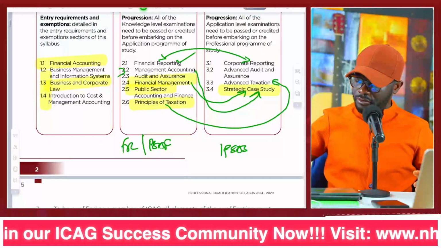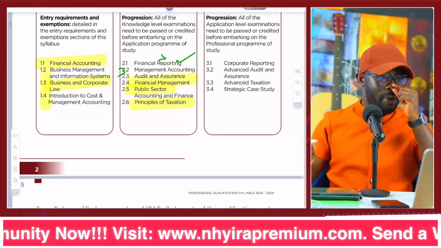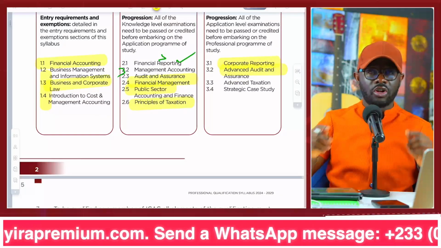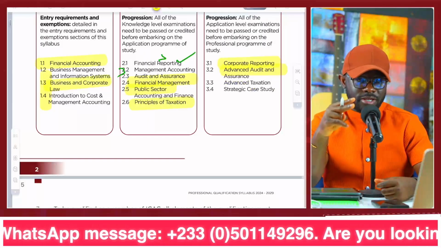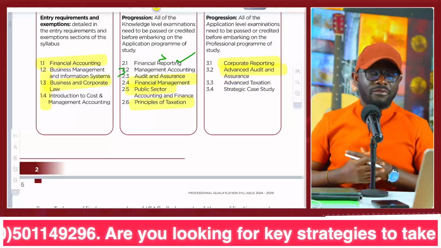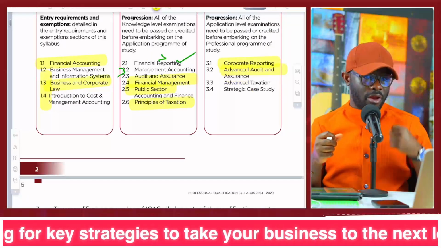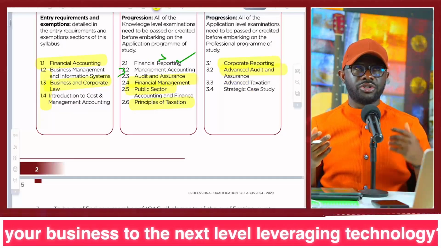Then you come to level 3. In level 3, these are the 4 papers we have. Per best practice, it will be important for you to take corporate reporting and advanced audit and assurance together, as always. So if you are doing 2 papers, you want to do corporate reporting and advanced audit and assurance together. Why? Because of the relationship. We have ethics in corporate reporting, and there is ethics in advanced audit and assurance.